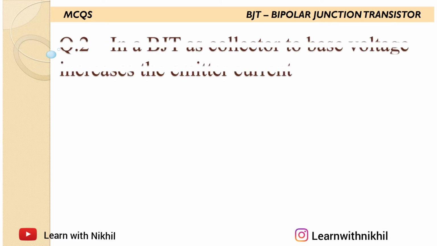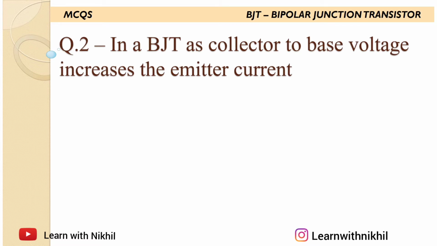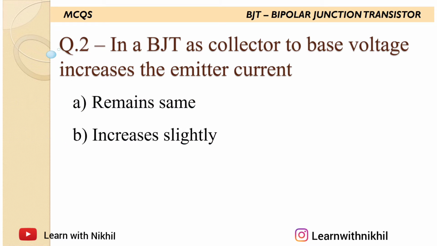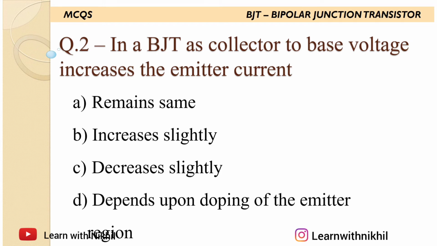Next question. In a BJT, as collector to base voltage increases, the emitter current: A, remains the same; B, increases slightly; C, decreases slightly; or D, depends upon doping of the emitter region. And the answer is remains the same.